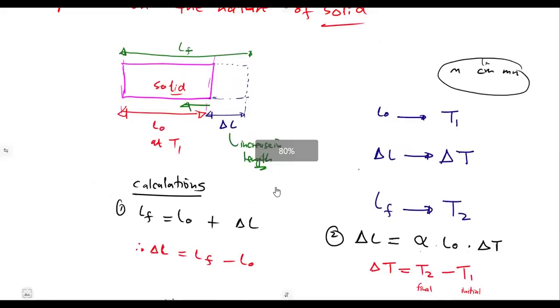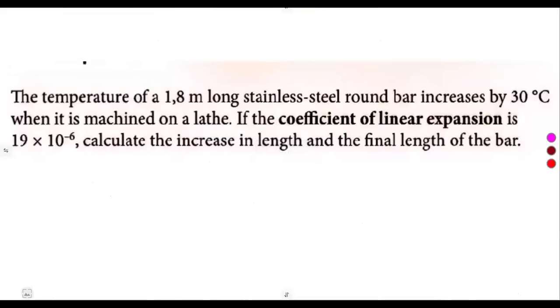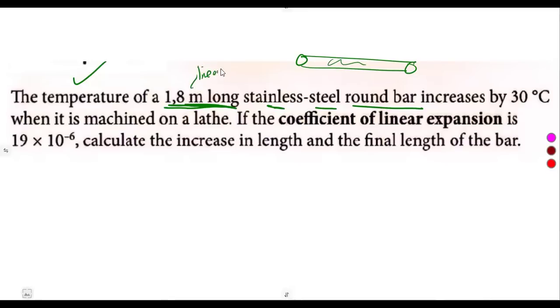These are the typical questions that we might be given on this section. The first question is about the temperature of a 1.8 meter long stainless steel round bar. No problem, guys. It's a round bar, but what is important is the length, 1.8 meters. You are dealing with a linear unit.